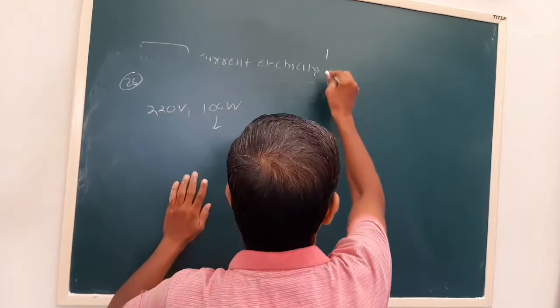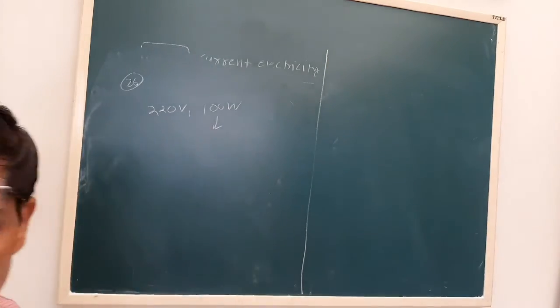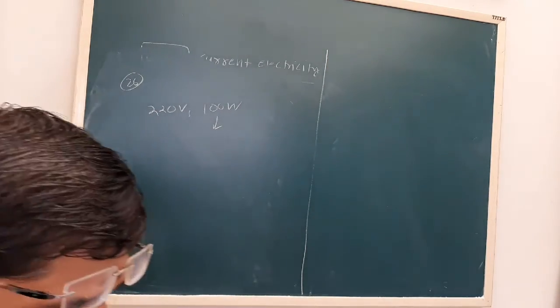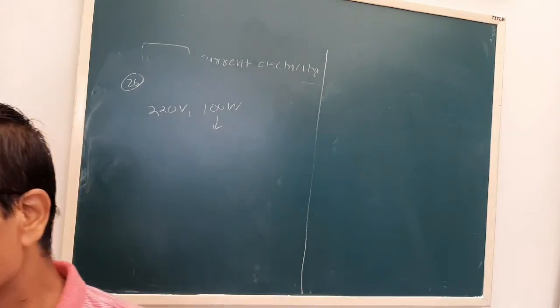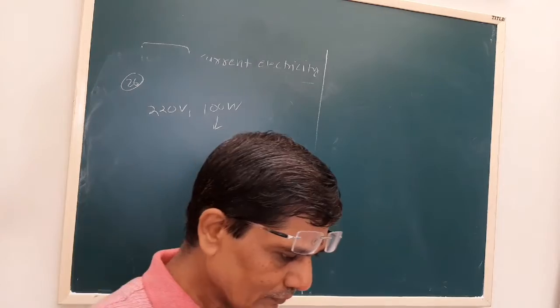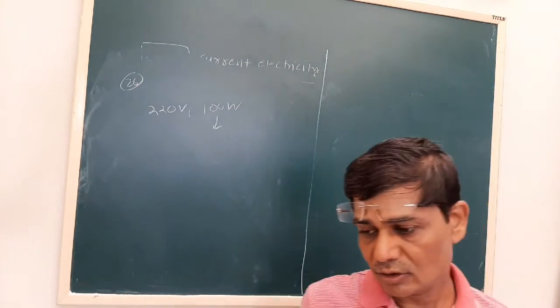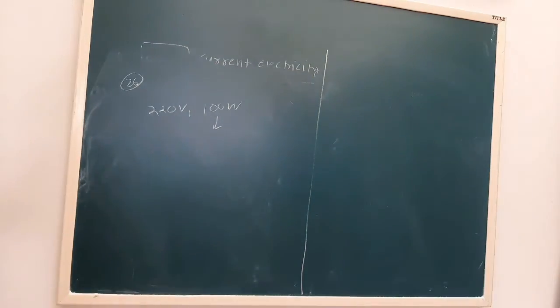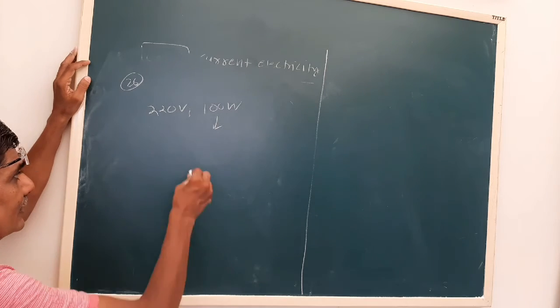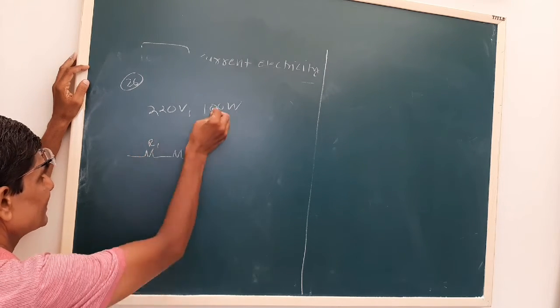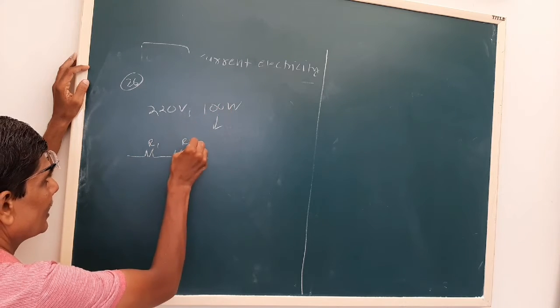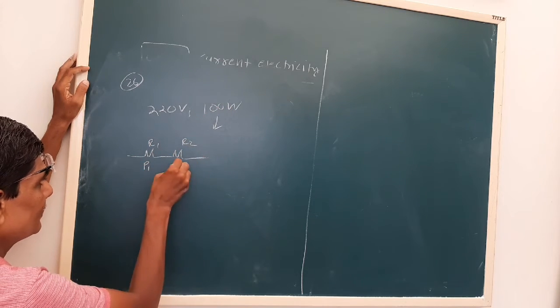Generally, our voltage supply is fixed, that we have to keep in mind. In our home or our domestic appliances connection, all devices are connected in parallel, so we get the same voltage across all the devices. Now here, first is connected in series. The bulb resistances are R1 and R2. Power is P1 and P2.